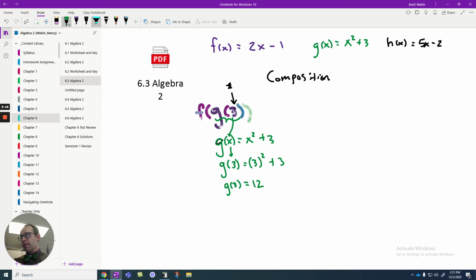Now this right here is really, really important. The g of 3 and 12 are the same thing. They are equal to one another.